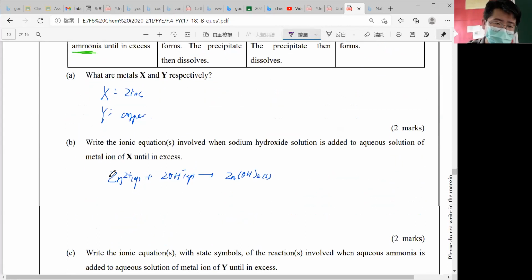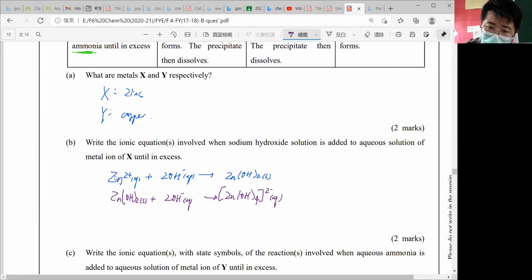So what is the second statement? Zn(OH)2 plus 2 hydroxide to form this. We will call that zincate ion, a complex form.